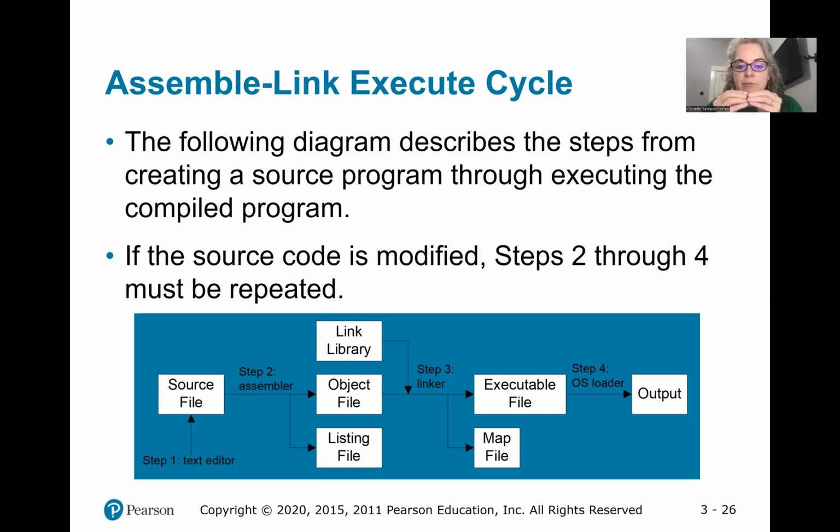Then the linker will take whatever linked libraries and object file that's all together, and it's going to then translate it into the executable file. And then from there, it goes to our operating system to be loaded. So the operating system loads the executable file.